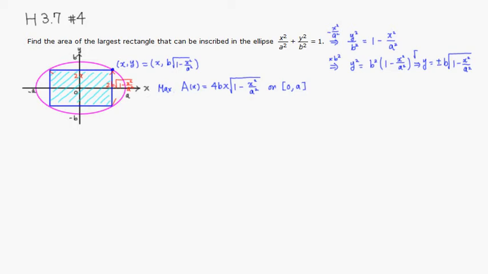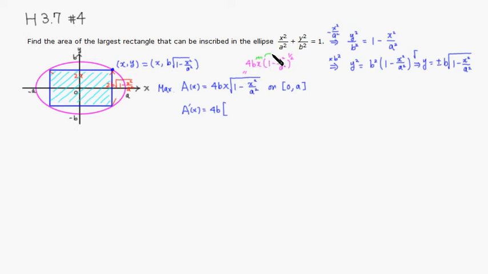Let's take the derivative to find a critical number. A prime of x is equal to, I don't like the square root, so I'm going to rewrite it as 4bx times (1 minus x squared over a squared) raised to the 1/2 power. 4b is just a constant, so put it outside. To take the derivative of the rest we use the product rule.